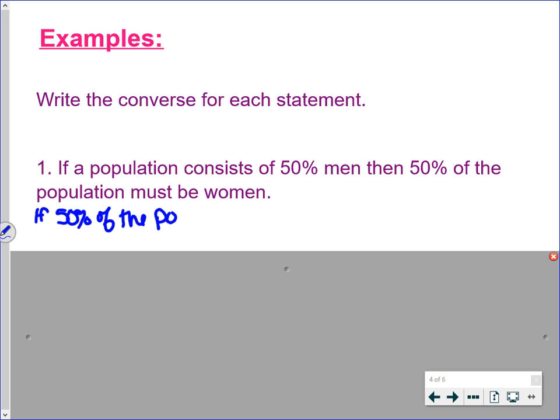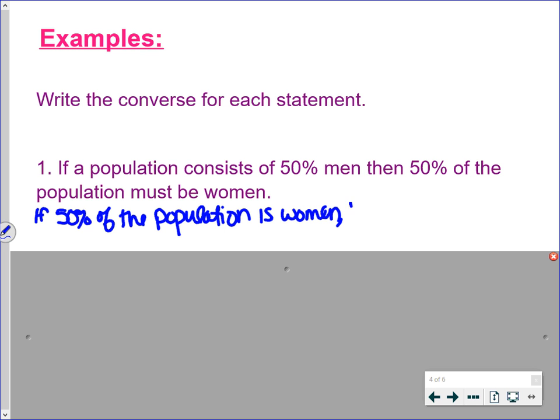Don't tell Mrs. Roskamp. If 50% of the population is women, so we turn, oh, we don't need a T on women.